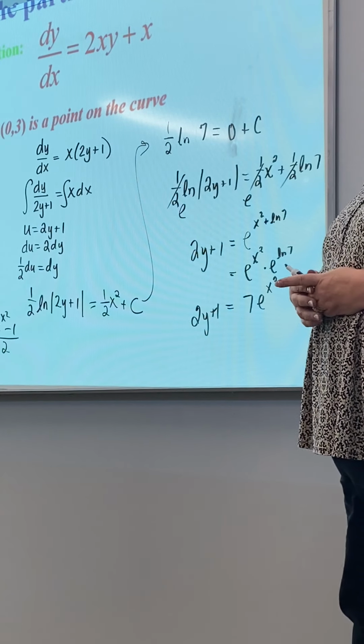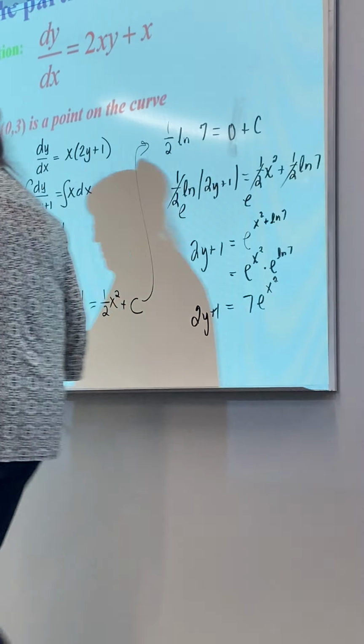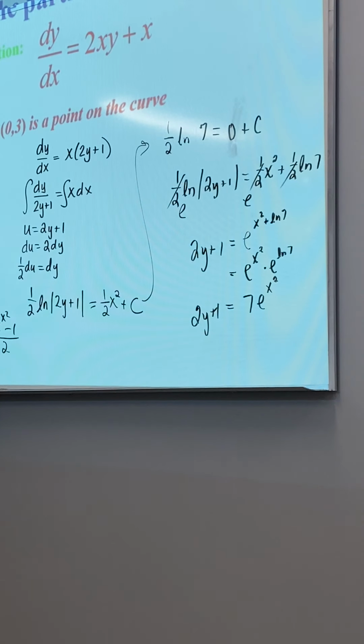Yep. So wouldn't you have gotten something different if you put the 2 only under the minus 1? Okay, it would. Let me go back here. So if I'd said, oh, well this would be the same thing as 2y equals c e to the x squared minus 1.